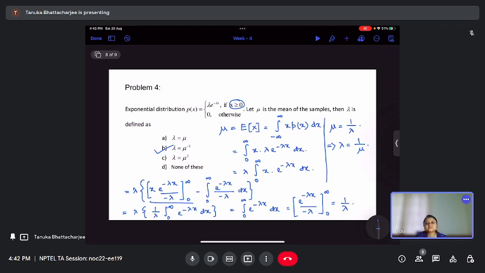So basically the expectation of exponential distribution is given by 1 by lambda, where lambda is the parameter of that exponential distribution. So this is how you compute expectation for any distribution. We computed it for exponential distribution. You can compute it for any distribution like normal distribution or Poisson distribution. Anything you can take and you can try to compute the expectation like this.